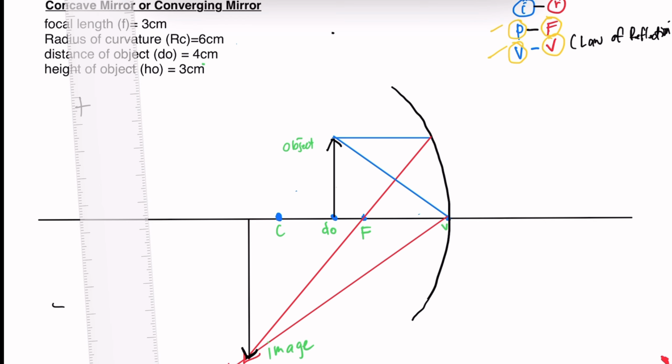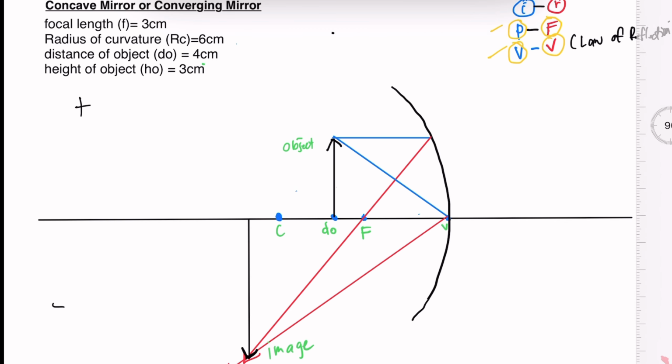So that means it will be drawn inverted. Here, let's use the acronym LOST to describe the image formed. L stands for the location of the image. Where is the image located? Take note of the important locations in front of the concave mirror, especially if we are talking about real images that are formed in front of a curved mirror.